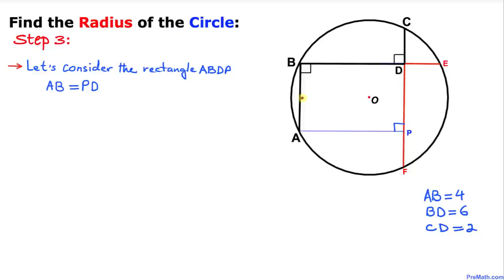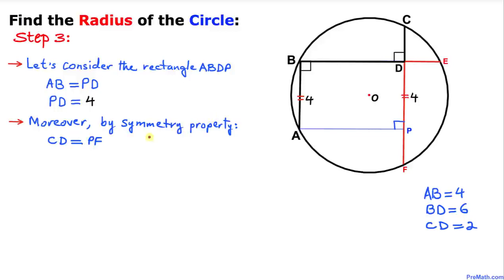So therefore, this side AB is going to be the same in length as this side PD. And we know our side AB is 4 units. That means this side PD is going to be 4 units as well.